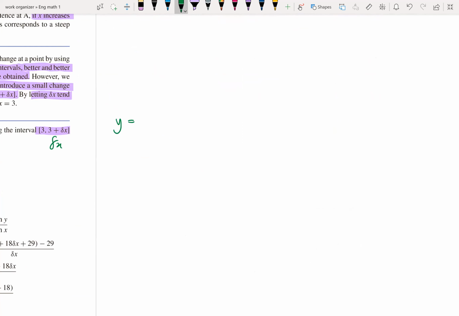The function given here is y equals x squared plus 2, and we have to find the rate of change, or we can say dy over dx, at x equals 3, using the interval 3 plus delta x.